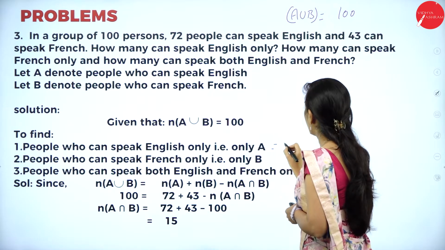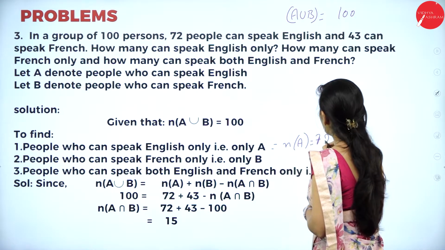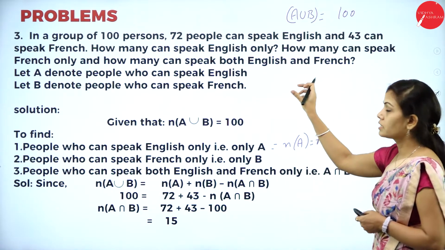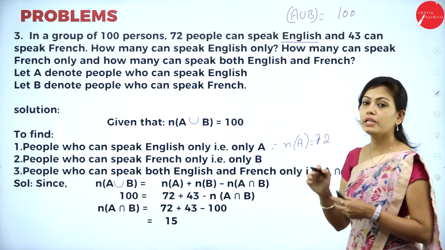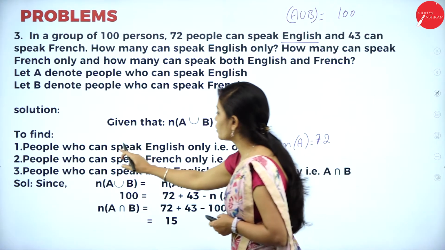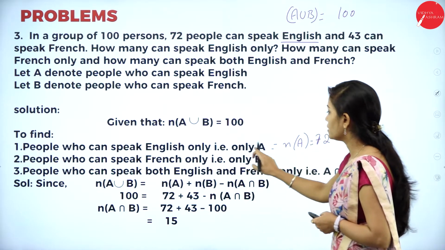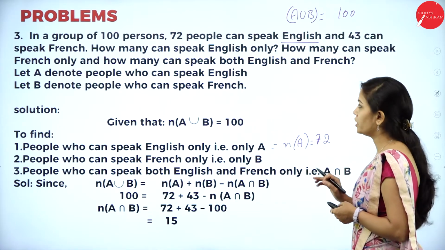That is N of A is equal to 72. So how many people can speak English? 72 people. People who can speak English only, that is only A. I'll write N of A is equal to 72.